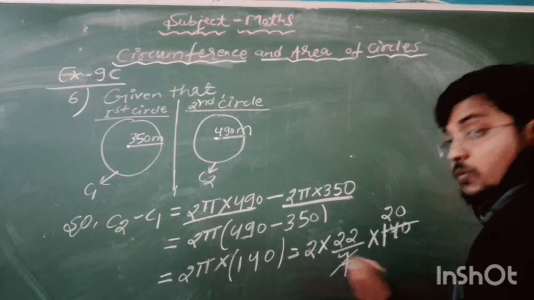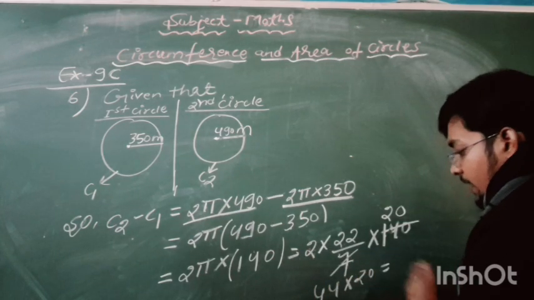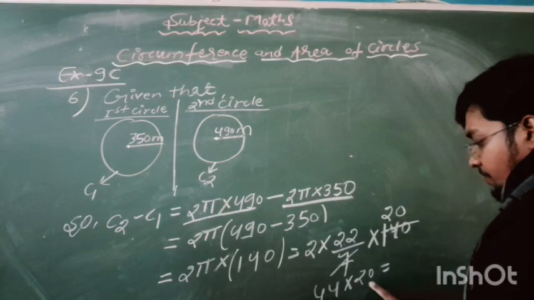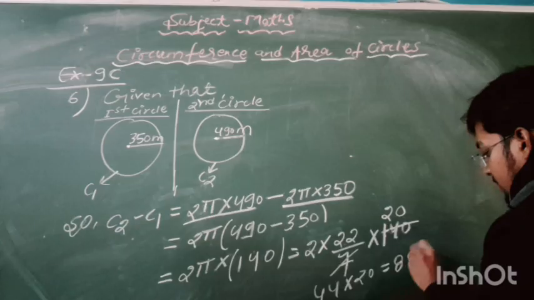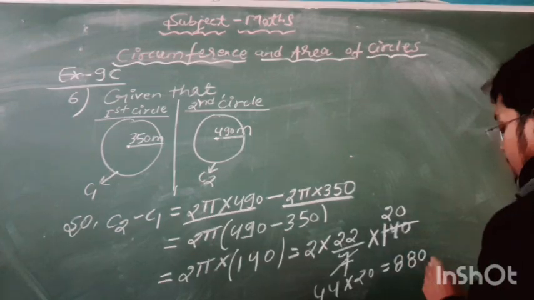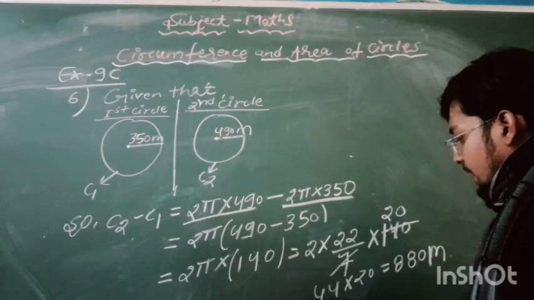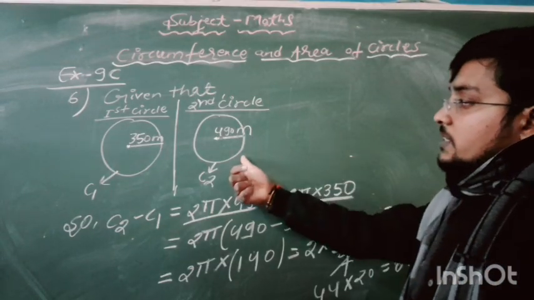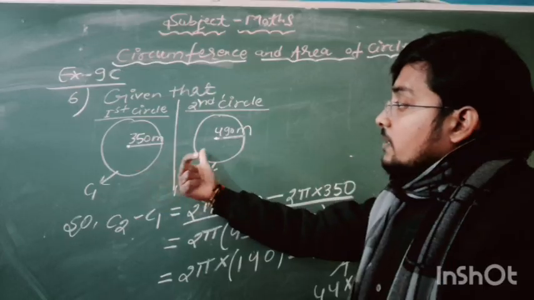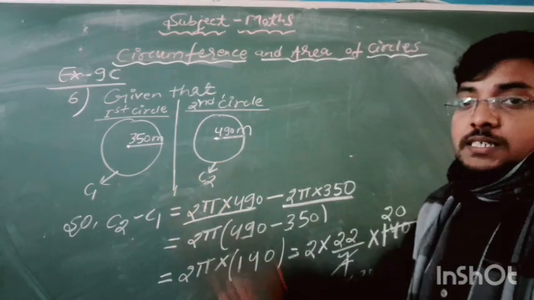So 22 2s are 44 into 20, and 44 into 20 is 880 meter. So 880 meter is the difference of circumferences of both the circles.